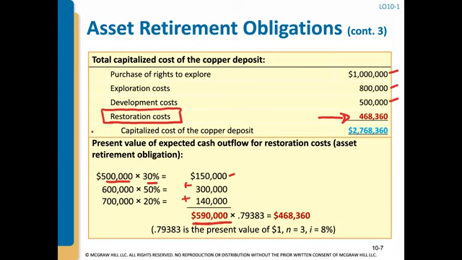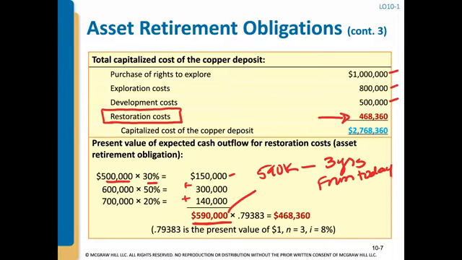So the $590,000 is a cost that we believe is the fair value of how much it will cost us to restore the land back to recreational use. But this $590,000 has to be paid 3 years from today.